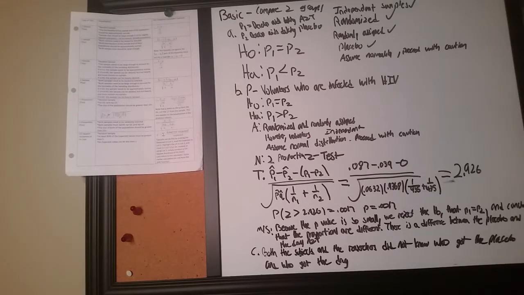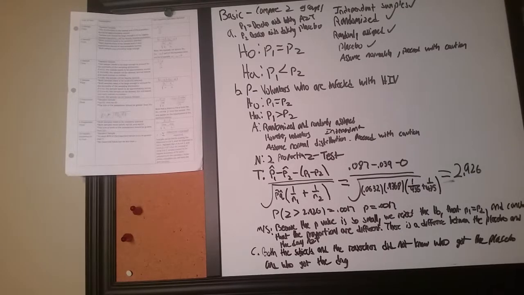The test is the two proportion z-test, and the formula for that is going to be p1 minus p2 minus p1 minus p2, the predicted minus the regular, divided by the square root of the pooled p-hat q-hat times 1 over n1 plus 1 over n2.